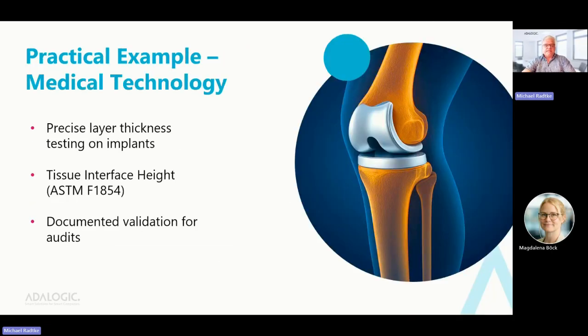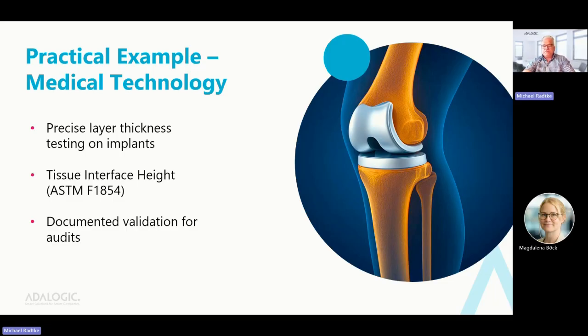Here you see a practical example from medical technology, in an easy way, because we are not experts in that area. You see a porous titanium coating, which is used for hip or knee implants. The critical factors are the open pore fraction, the distribution of pore regions, the layer structure, and the layer thickness.